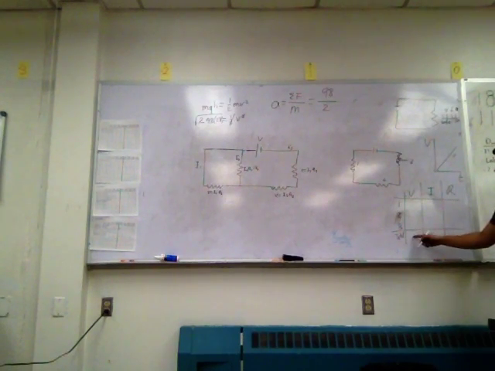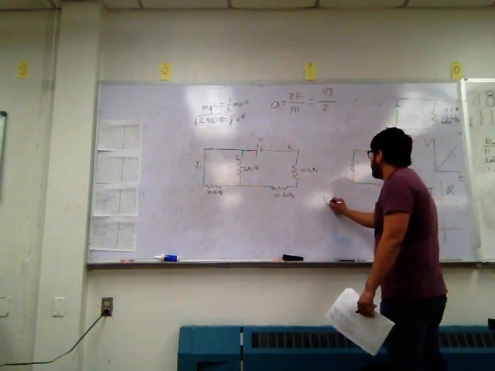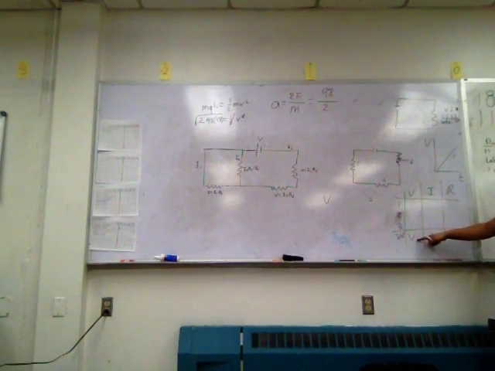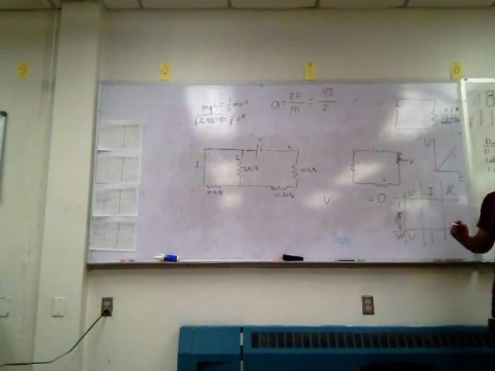And I know the total voltage drop, right? Is V. So what happens if I subtract the voltage drop from here minus this one, minus that one, minus that one? What number am I going to get? 0. 0, yeah, because all these three add up to this one. So do you see where that comes from?